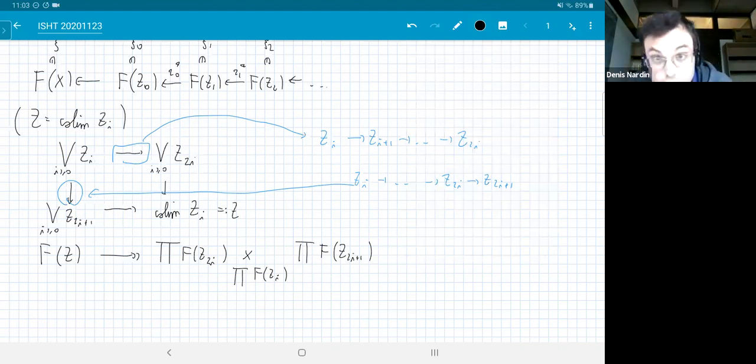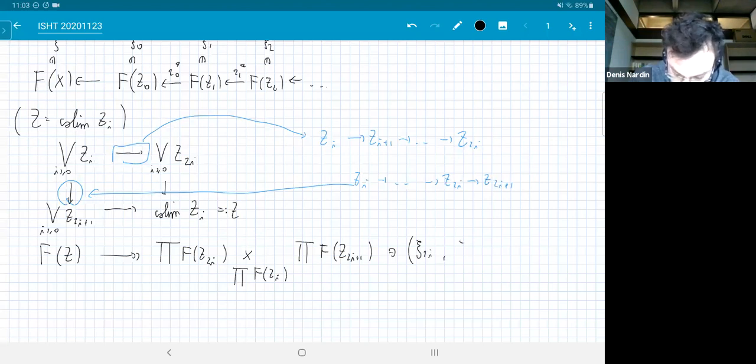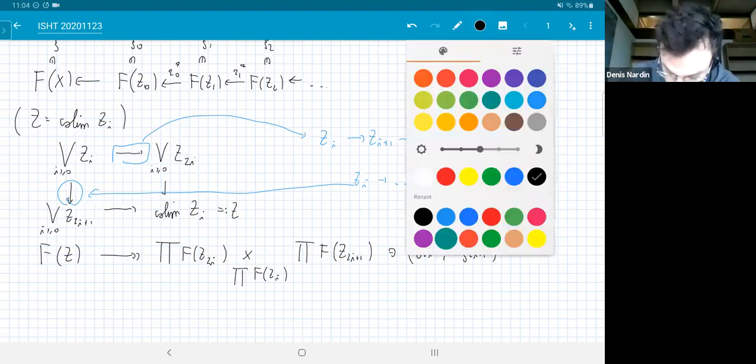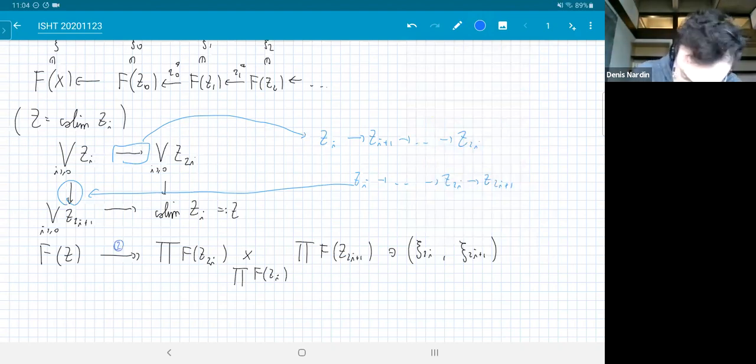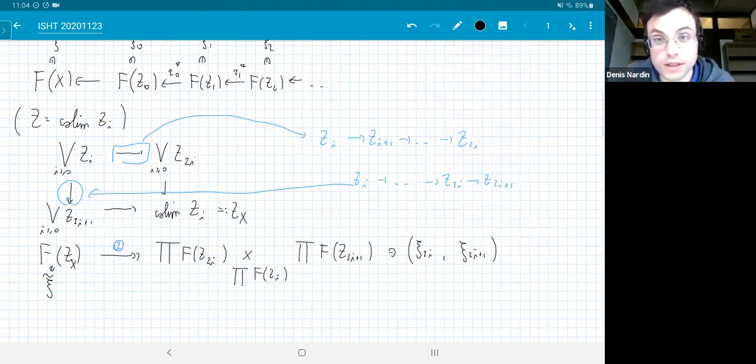Also, can you read the color I'm using actually? Yeah, okay, good. So here you can take a class xi_{2i}, class xi_{2i+1}, and this is indeed pulling back. In the pullback, this coincides with xi_i, so it's fine. It's actually well defined, and by 2, we can find finally our xi tilde in Z. I guess I should call this Z_x, since that's what we call it in the claim.